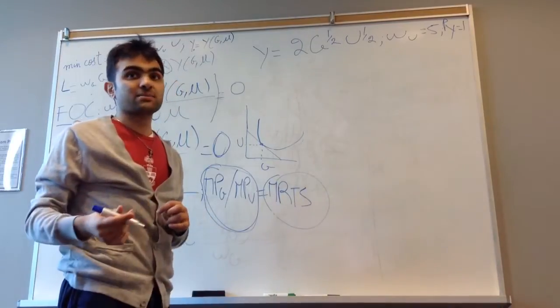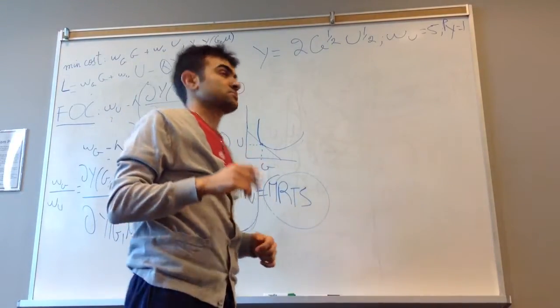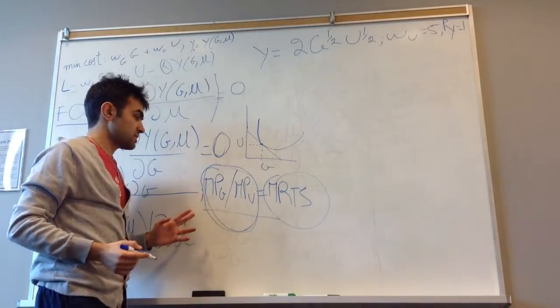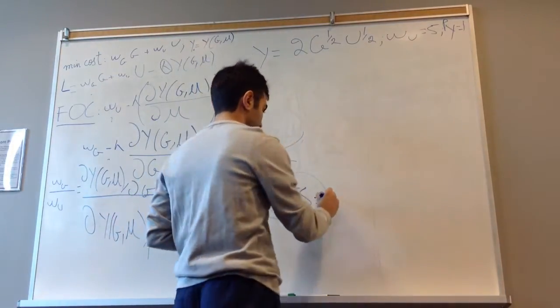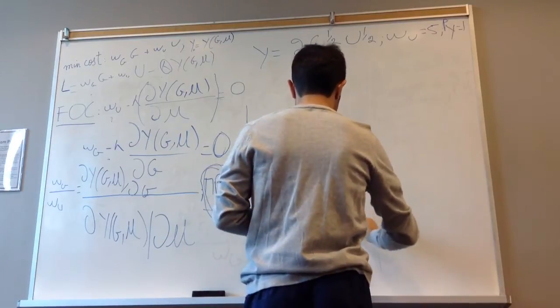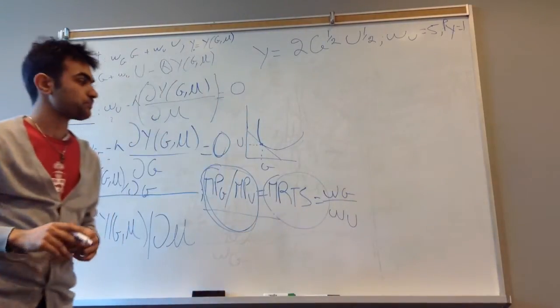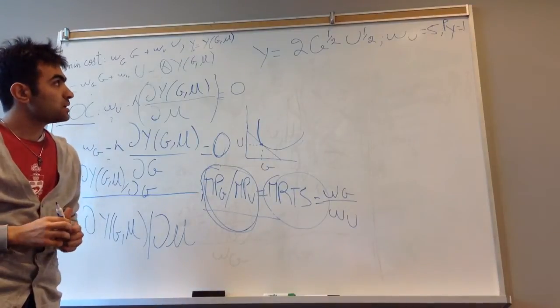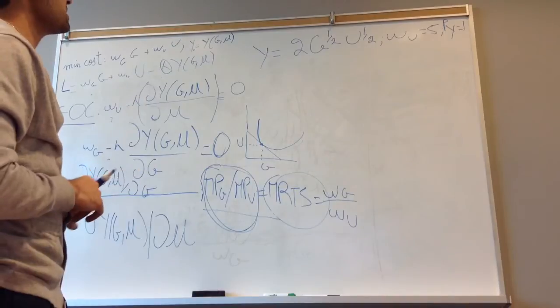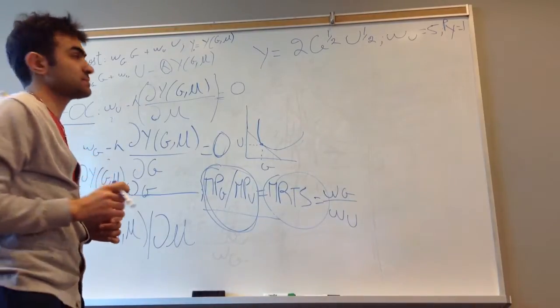Then we want to maximize profit. So we have this condition here to maximize profits, and the MRTS is, of course, WG over your WU.